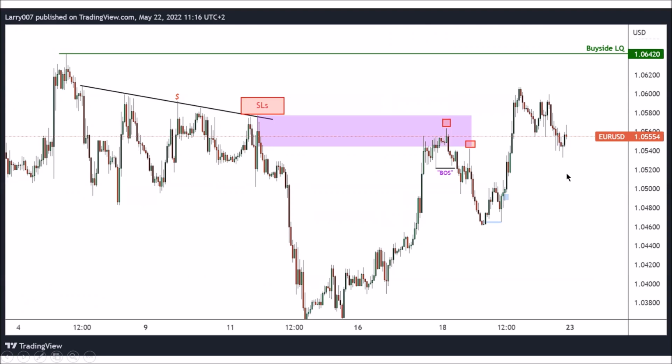So maybe inside this fair value gap or something like this, we can find a buy and we are not forced to go below there. Okay, it really depends. I'm not predicting any future price. I just know where the liquidity is and I know what I'm looking for.